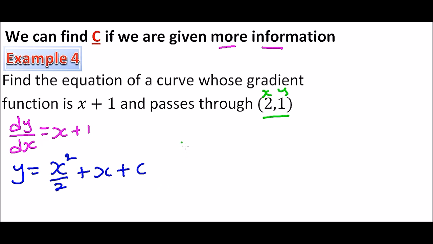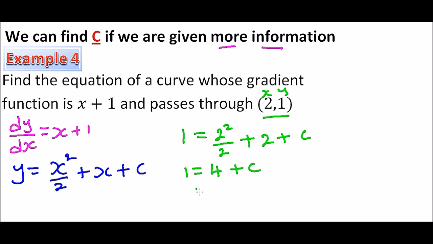So y is 1, is equal to, x is 2, so we have 2 squared divided by 2 plus 2 plus c. So 1 is equal to, this is 4, 4 divided by 2 is 2, 2 plus 2 is 4, plus c.